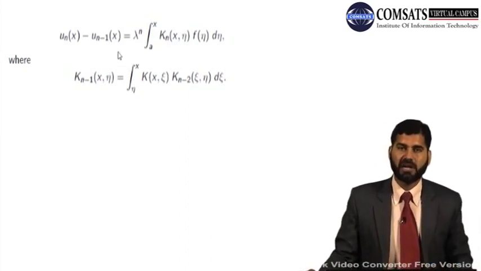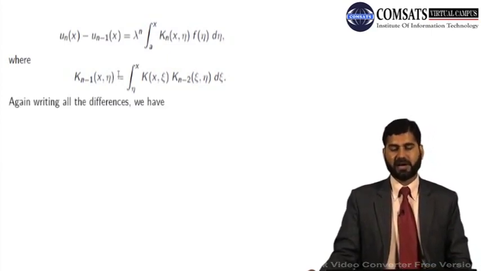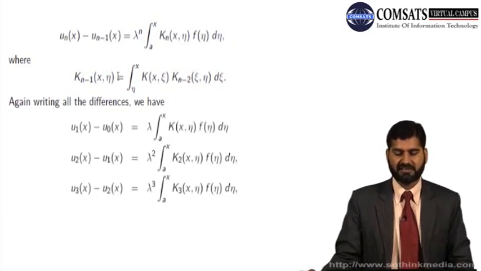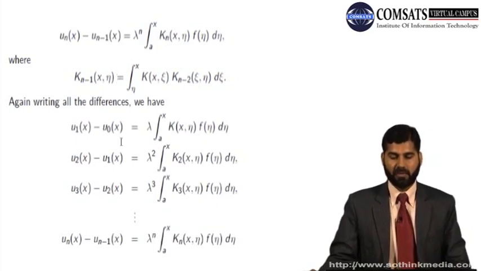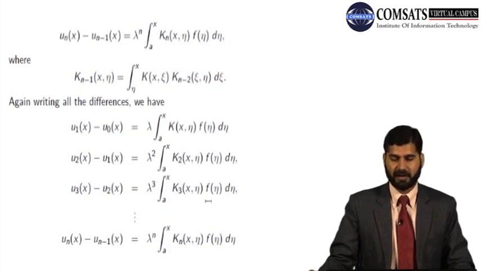That's how you update your kernels at each step. Again, writing all the differences we have: first difference, second difference, third difference, and the last difference. In the first difference you have just k, the second one k2, k3, and so on up to kn.